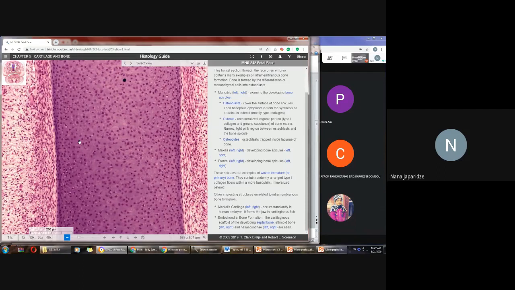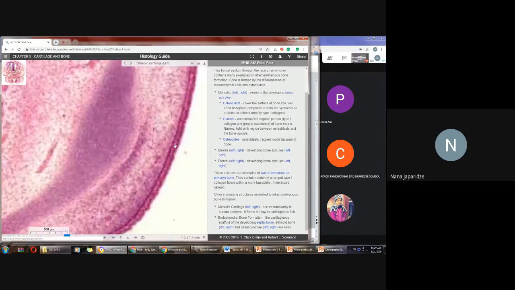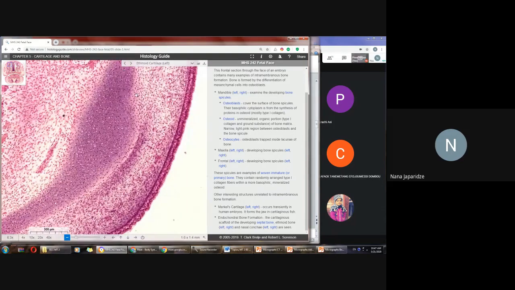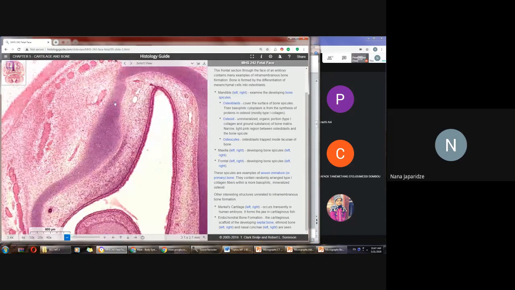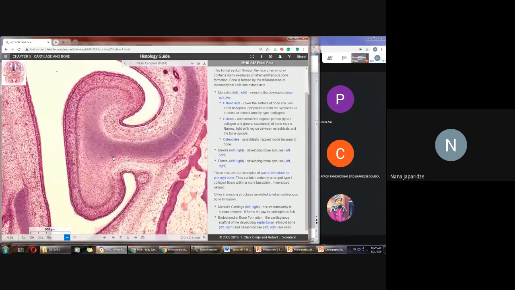So bone, septal bone. Also, you can see here the ethmoid bone will be developed here. Look, and nasal conchae too here.